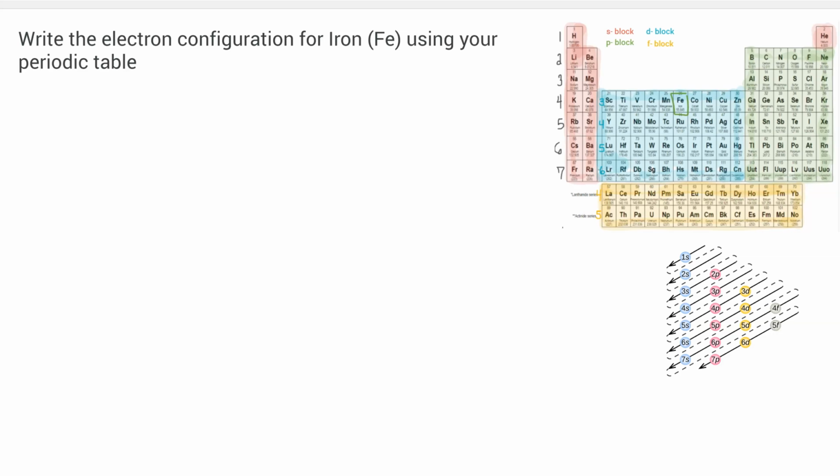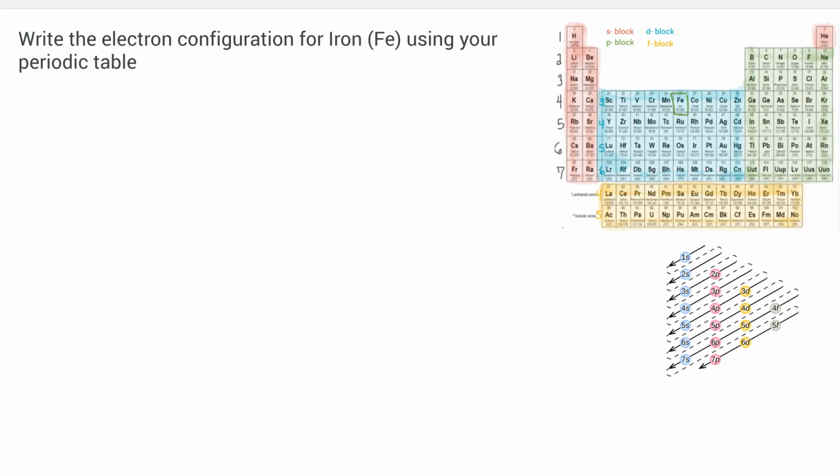Just to start this out, we're going to start by writing 1s2, then we'll go down to 2s2, 2p6, 3s2, 3p6, 4s2, and then notice after 4s2, the next orbital that fills is in the d block, but it's not 4d, it's actually 3d.